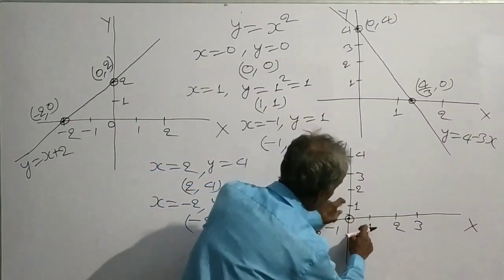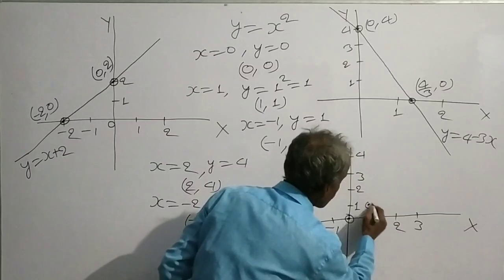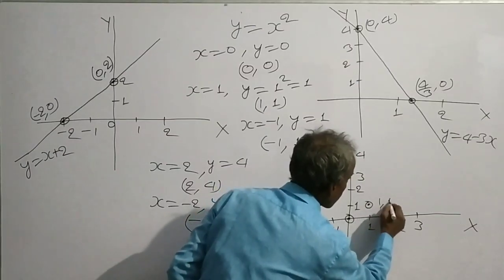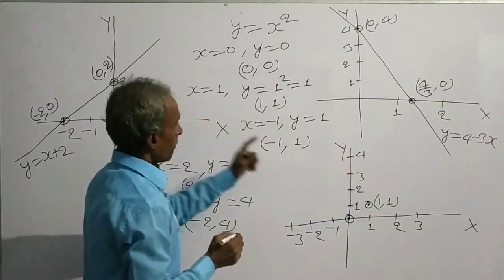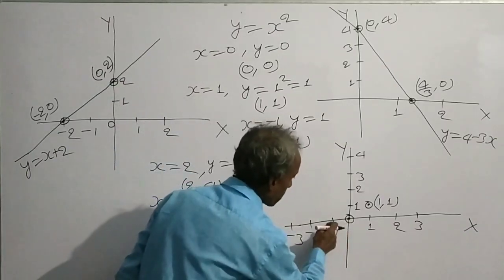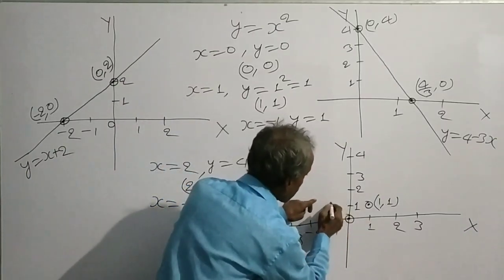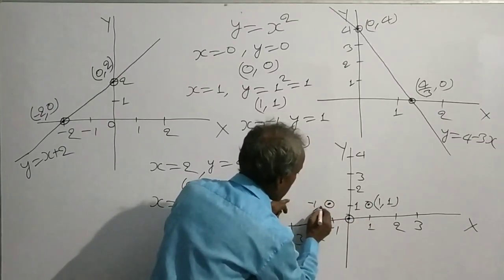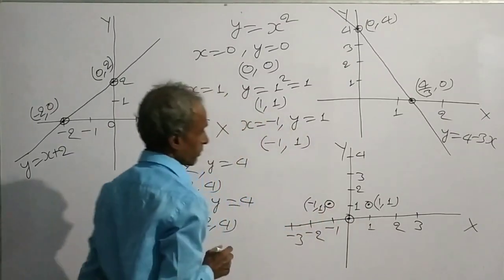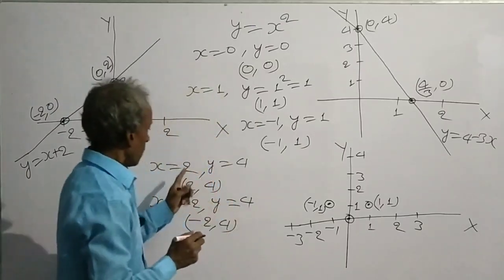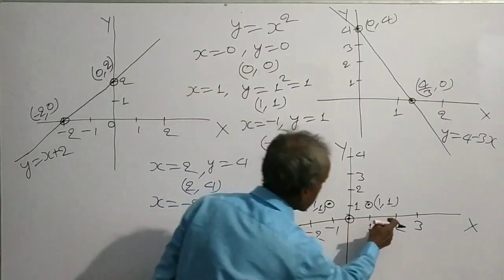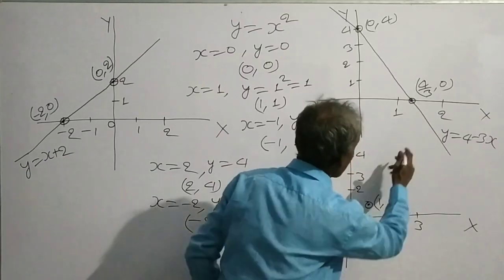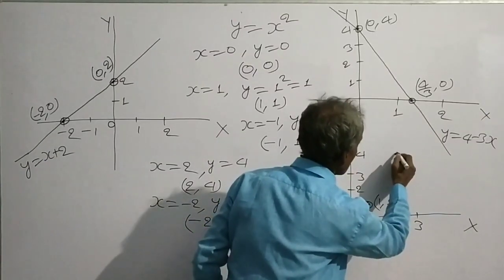X coordinate 1, y coordinate 1. This point will be 1, 1. Minus 1, 1. X coordinate minus 1, y coordinate 1. This point will be minus 1, 1. 2, 4. X coordinate 2, y coordinate 4. This point will be 2, 4.